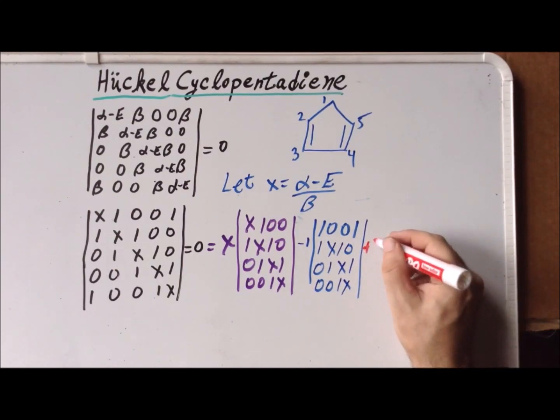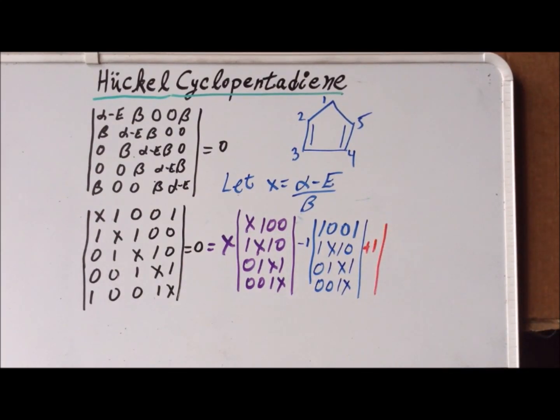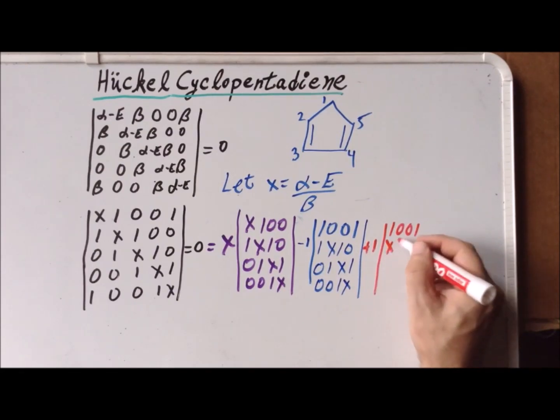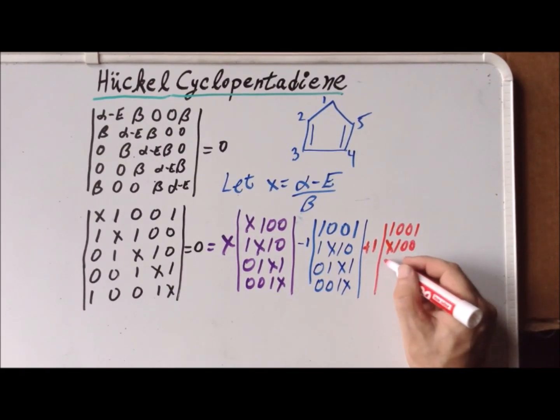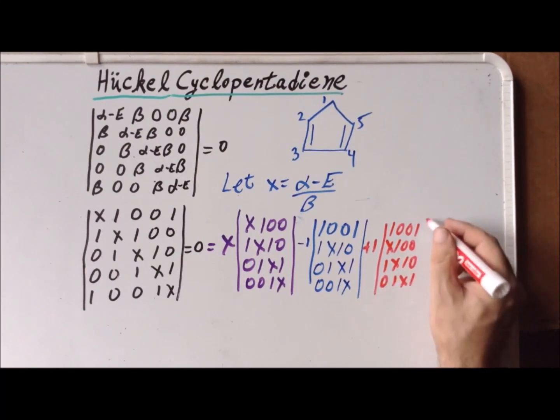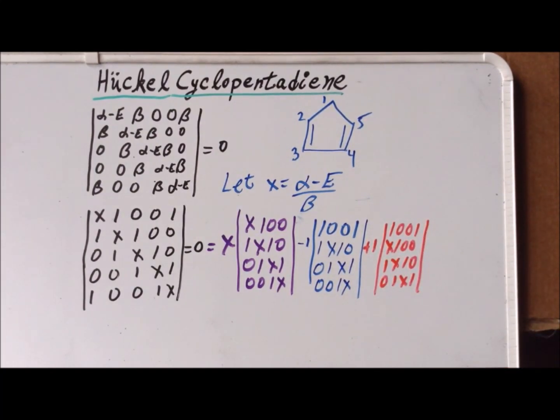And we get the determinant that we get by removing the fifth row and the first column. And now we've broken it down into a series of 4 by 4 determinants.